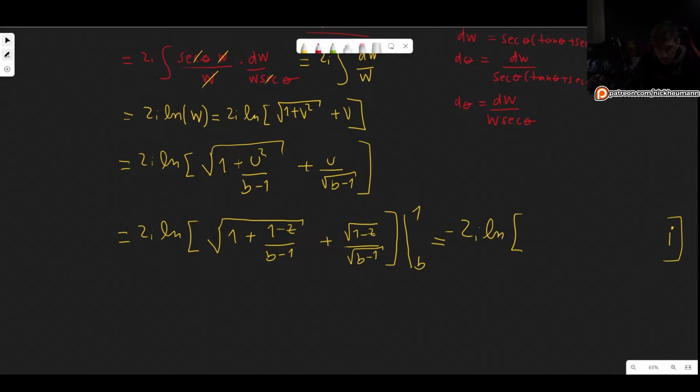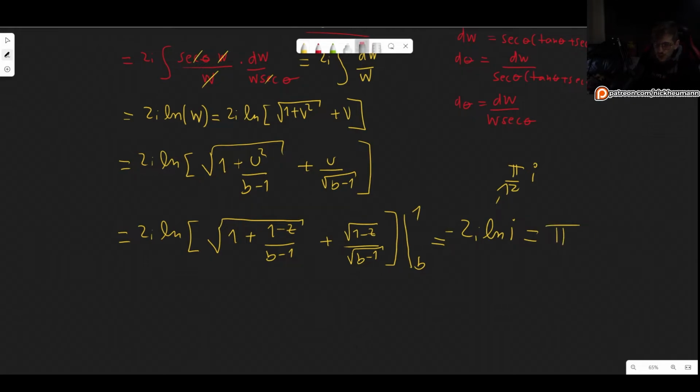The natural log of i is pi over 2 times i. So the i's multiply, we get a minus sign, which cancels out this minus sign, so we end up with pi.